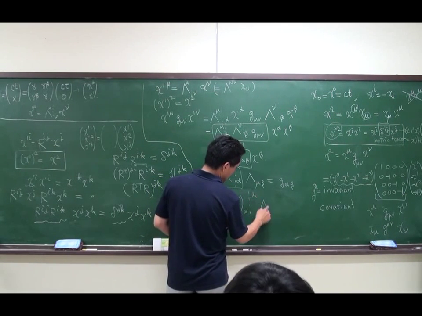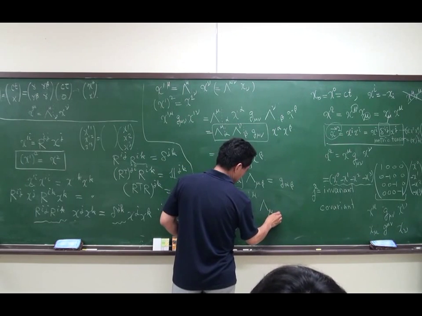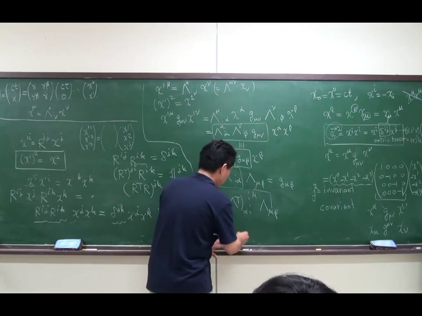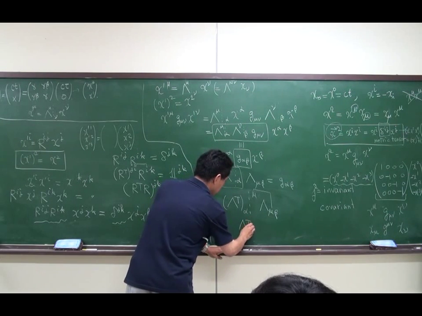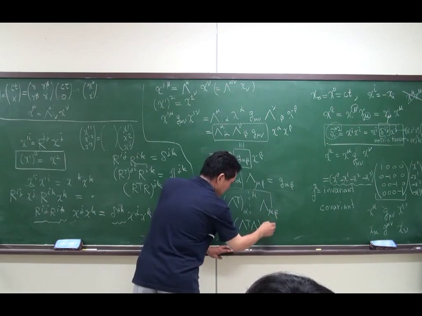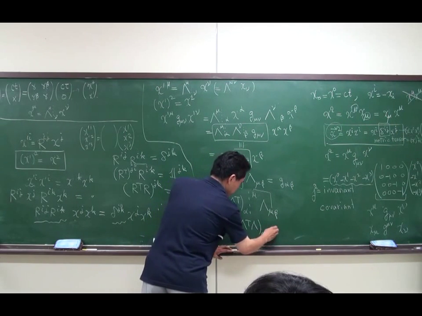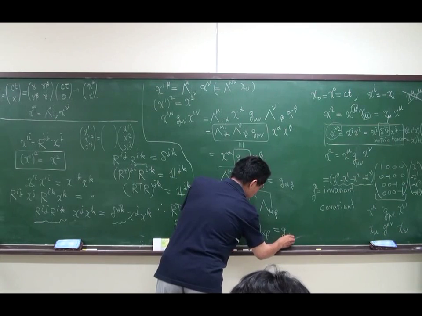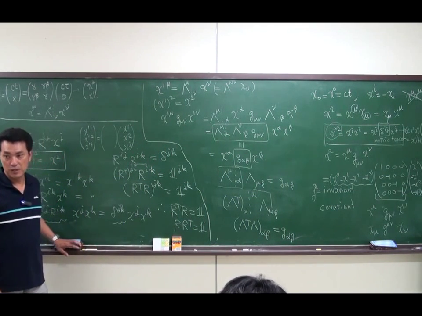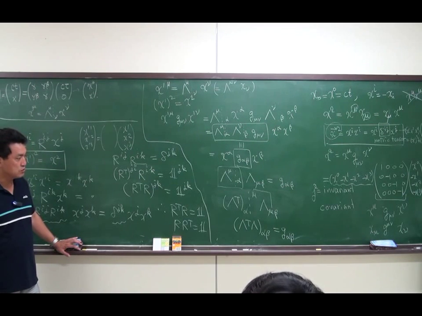Because it is up and it meets down, and this guy will go away, and this is a product whose indices for alpha and beta are all down. So lambda transpose lambda is the same as G.